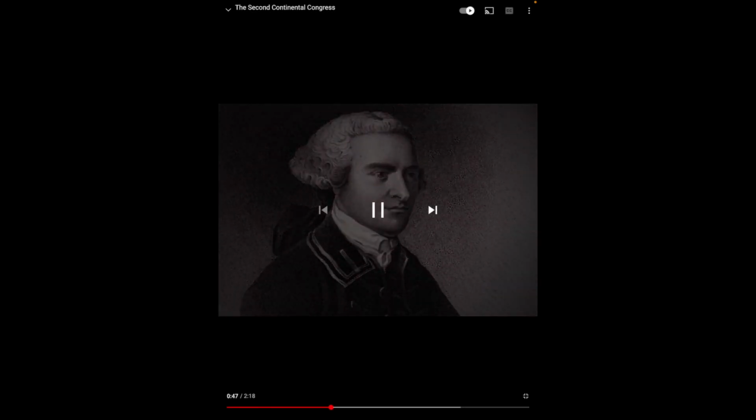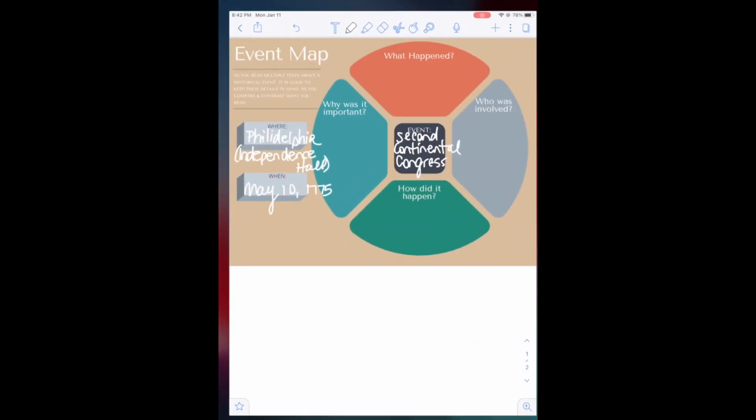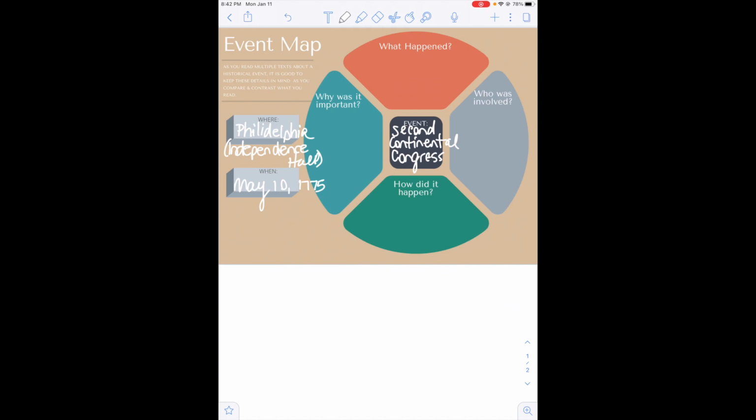Right there, I noticed they listed a lot of important names of those who attended. And if I look at our map, it asks what happened, right, and who is involved.